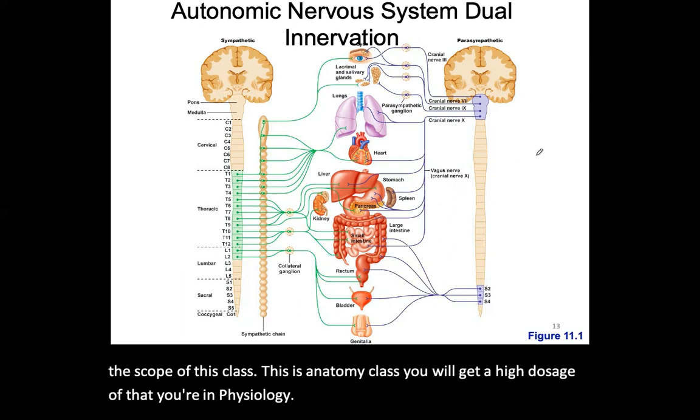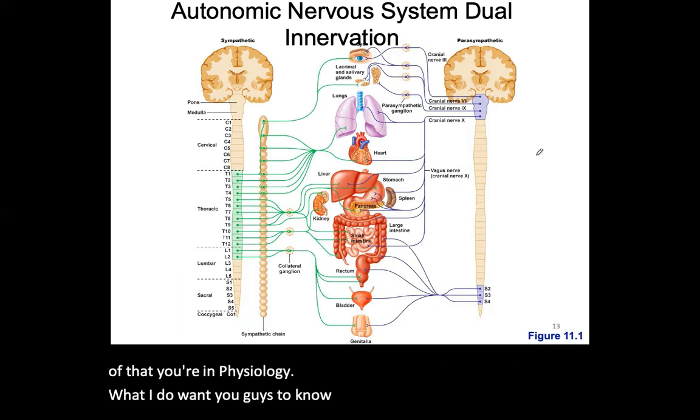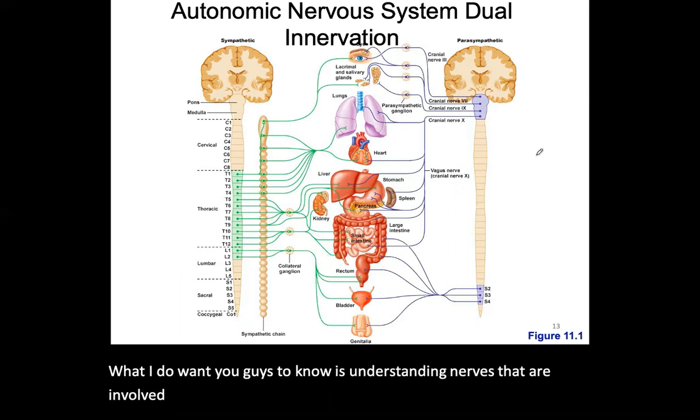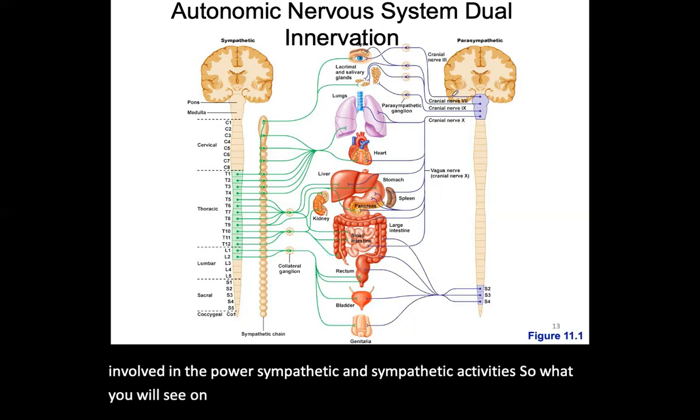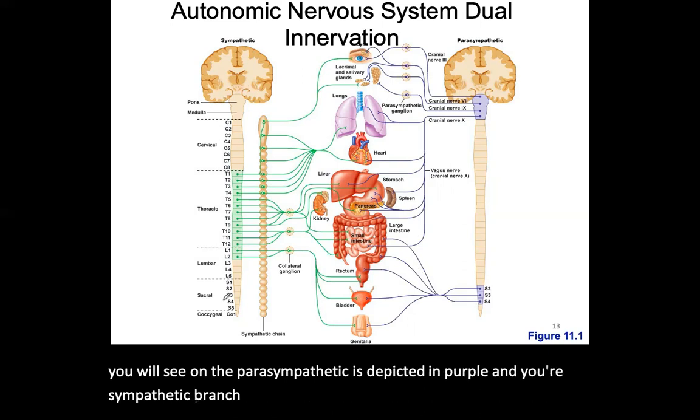What I do want you to know is to understand the nerves that are involved in the parasympathetic and sympathetic activities. What you will see for the parasympathetic is depicted in purple, and your sympathetic branch is depicted in green.